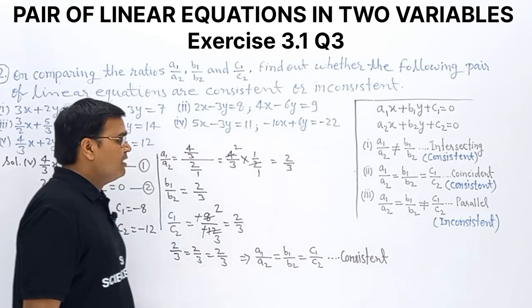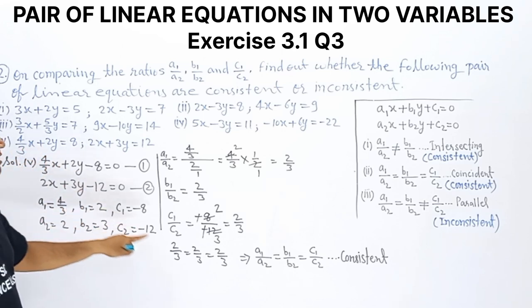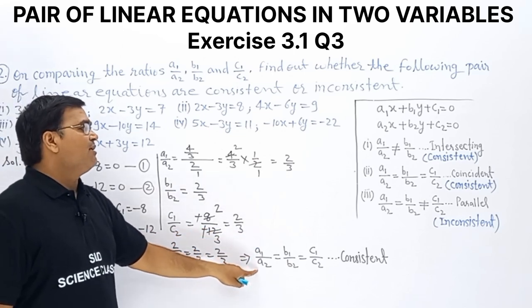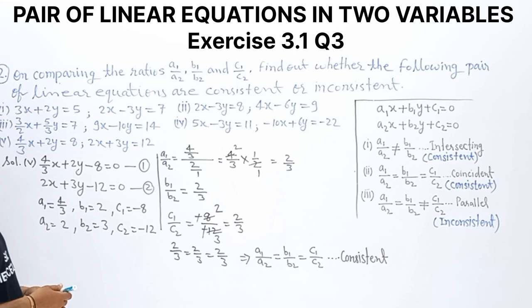So we get the same answer as question number 4. We get a consistent system and coincident lines. The same we get in question number 5. We get coincident lines, and the pair of linear equations is consistent.